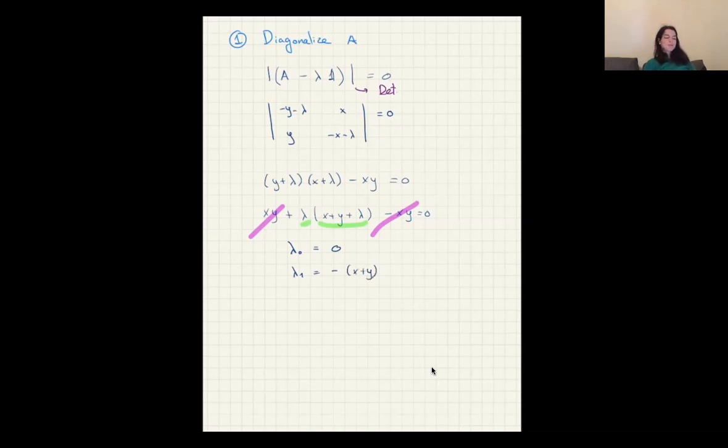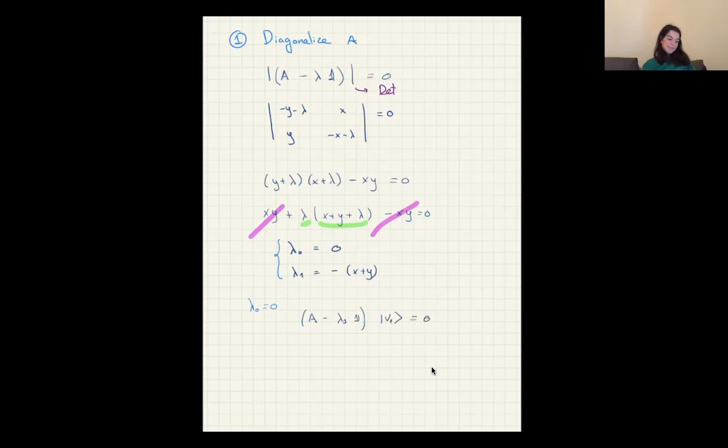Now with the eigenvalues, we can find the eigenvectors. So for lambda_0 equals 0, we need to solve the equation (A minus lambda_0 times identity) times my first eigenvector v_0. This has to be 0.